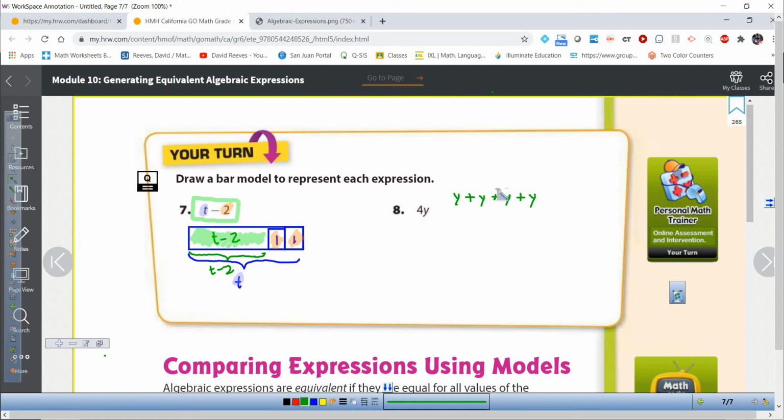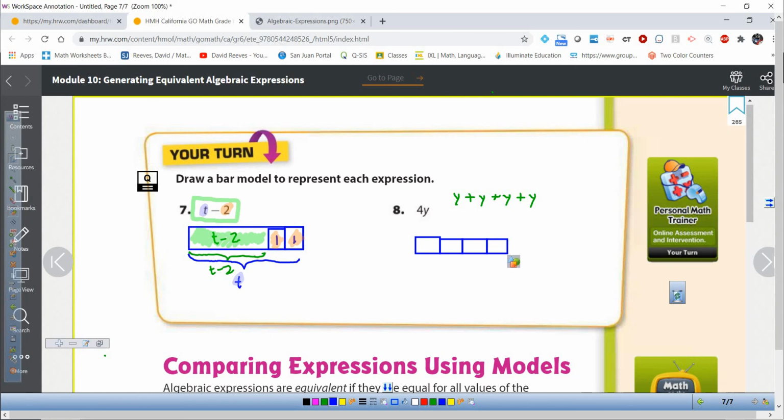So if I had something represent, here we go again, I'm going to make a rectangle. If that represents 1y, then that would represent 2y. There should be a copy and paste. I bet there is a copy and paste that I could do on here. That would represent 3y.